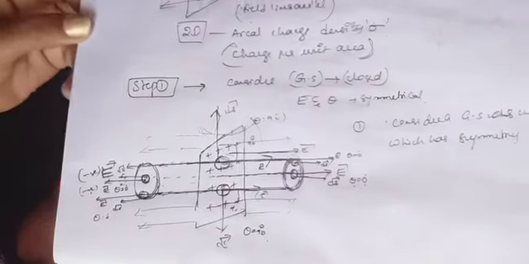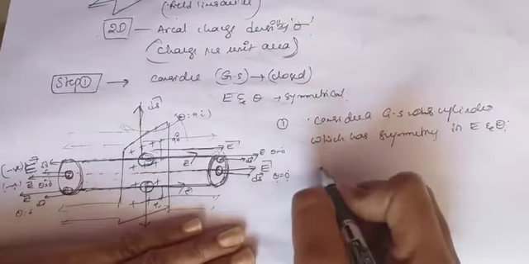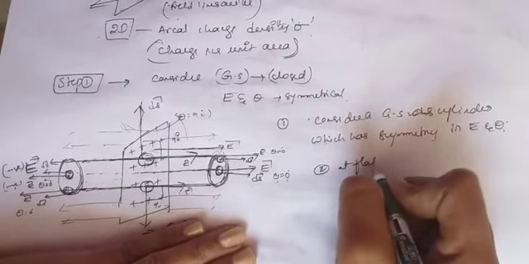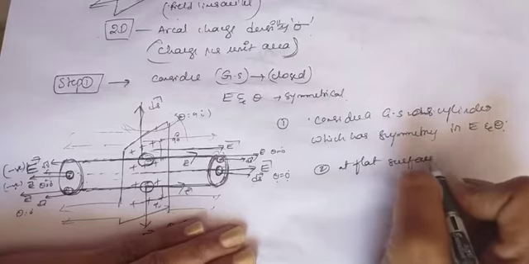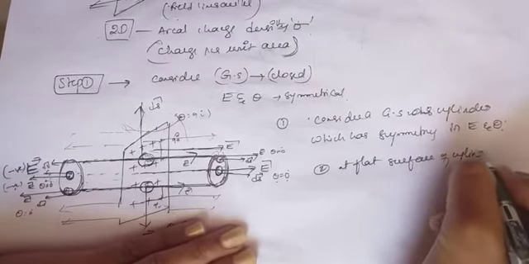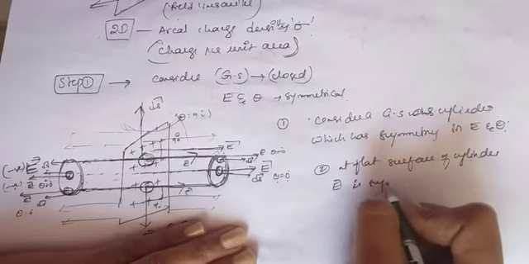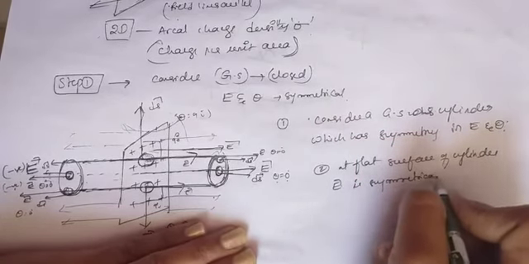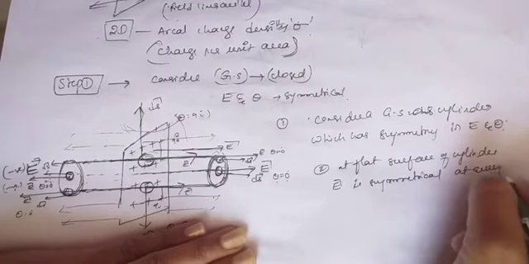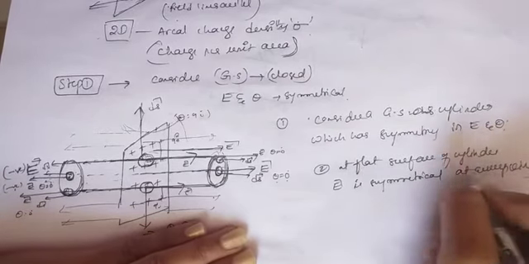So that means at the flat surfaces of the cylinder, the electric field is the same. E is symmetrical at every point on the flat surface.